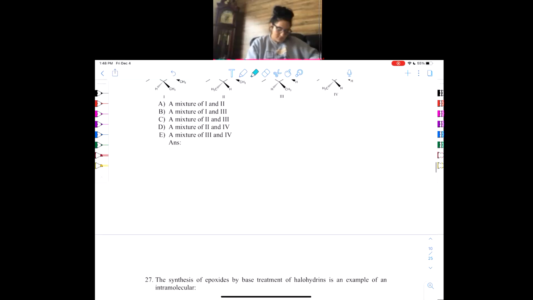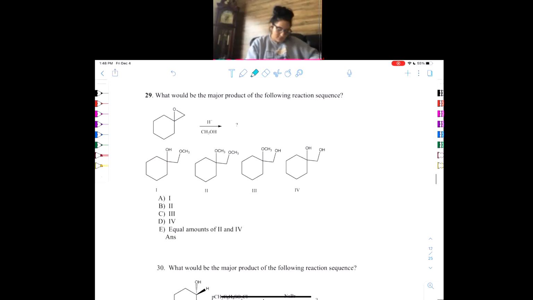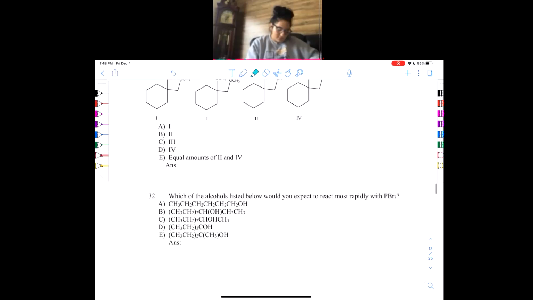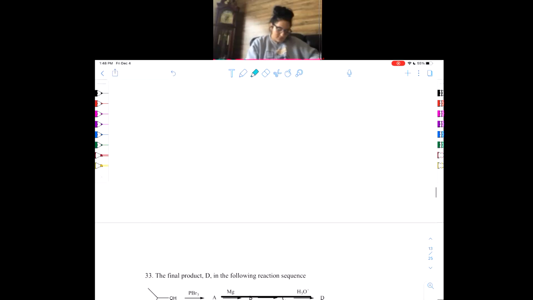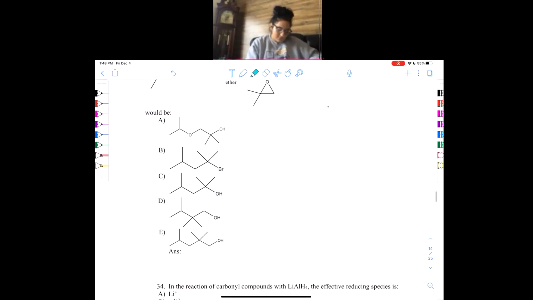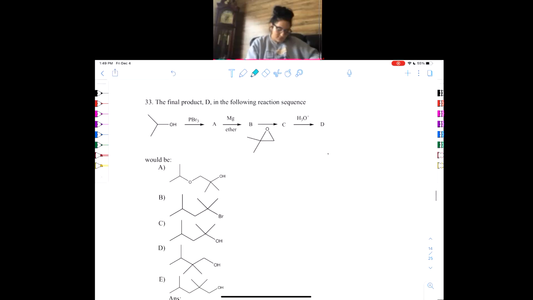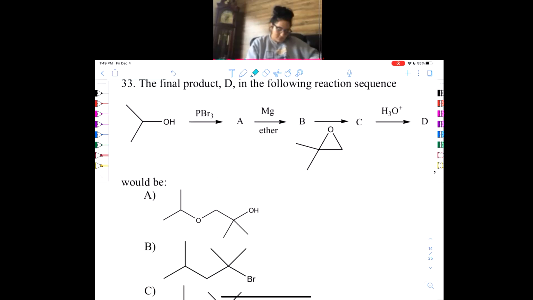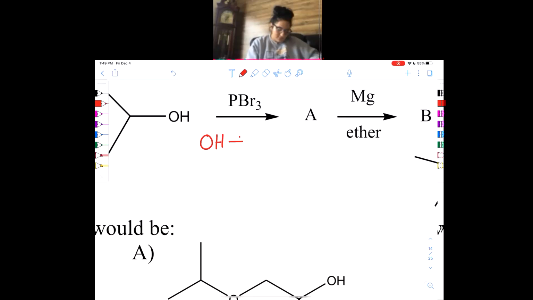Alrighty. So we've done that one before. I really wanted to cover one like this because it is a multi-step one. So PBr3, real quick, what does it do? Protecting group, and it turns OH to a Br. MgBr, Mg is what? What kind of reaction?